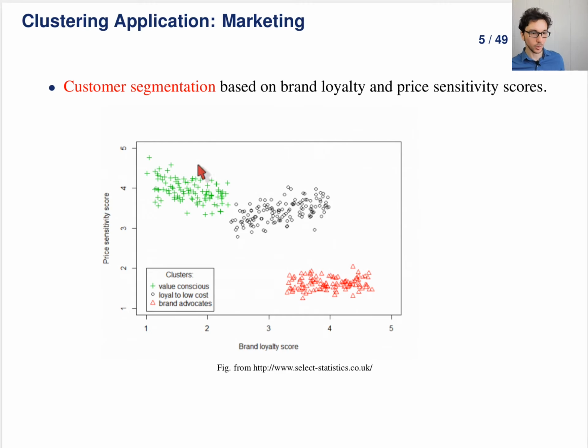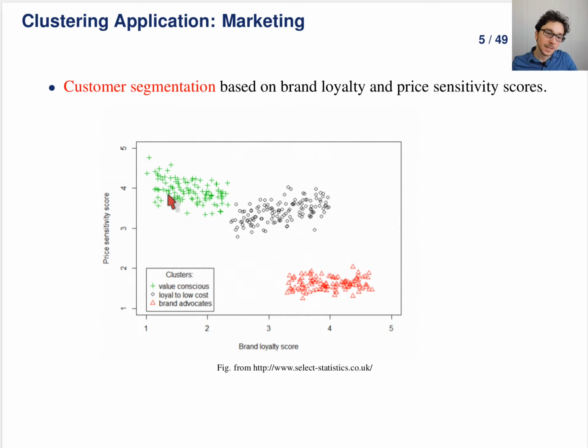This is one application. So for instance, here we are representing just two features in this case. For instance, this is the price sensitivity score, this is the brand loyalty score, so how much these users are loyal to a certain brand.